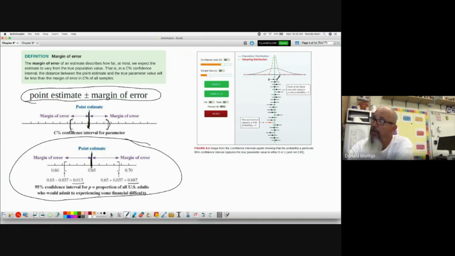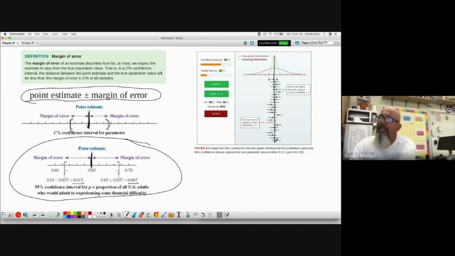If the true population parameter mu is this green line running all the way down this picture, you can see that the majority of our intervals captured it. We took random samples of size n equals 20. We took 25 of those samples, and all but one of them actually captured the true population parameter.